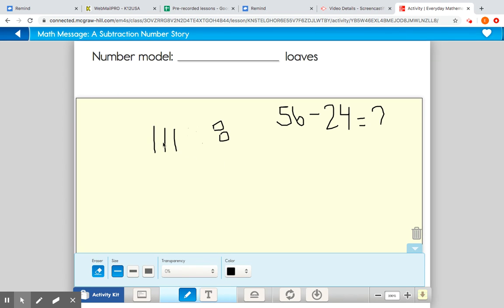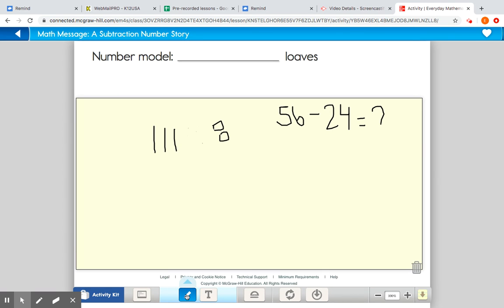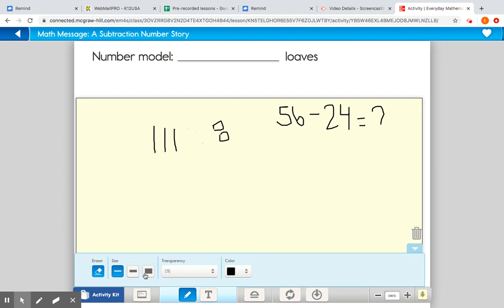Now I'm going to count and see what I have left over. I have 10, 20, 30. Oops, I'm still on the eraser. There we go. Okay. 30, 1, 2.